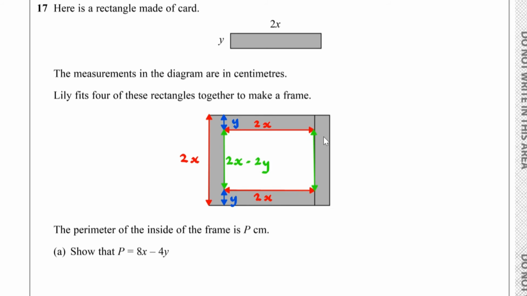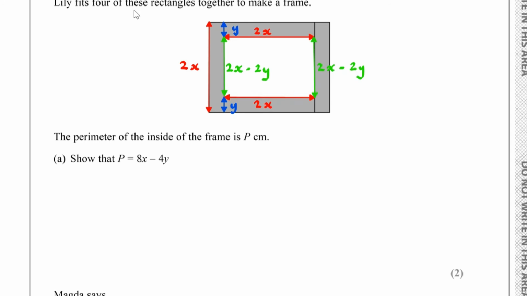This here is also 2x minus 2y. And therefore, for the perimeter P, we have 2 multiplied by the 2x plus 2 times by 2x minus 2y.